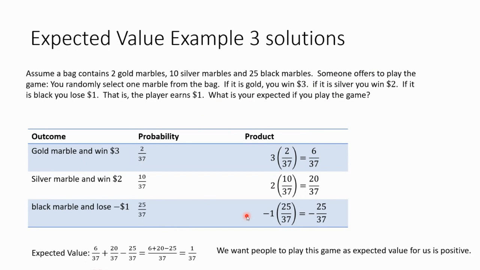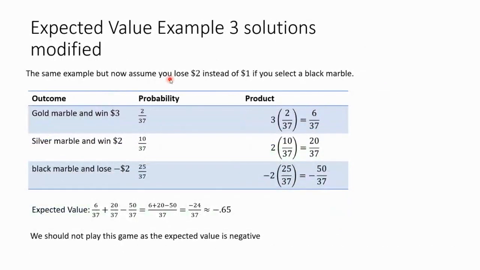Okay, good. Let's change this a bit. Let's suppose instead that if you choose a black marble, you lose not $1, but $2. So this time when you choose a black marble, you lose $2.